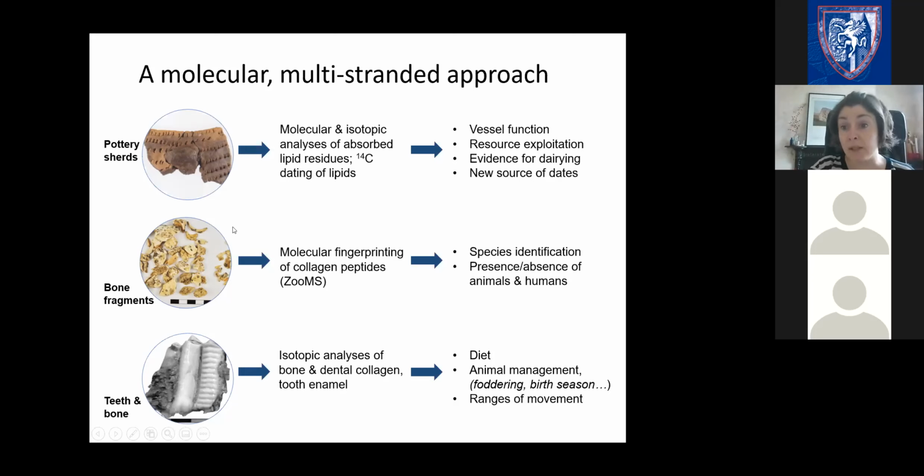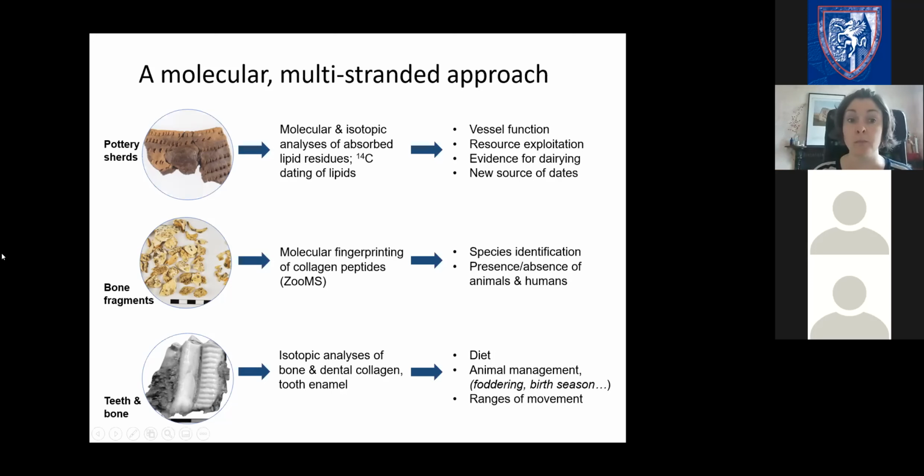So we're looking at basically three categories of material. We're looking at pottery sherds, so ubiquitous, fairly robust, they hang around for a long time, even though they might be broken up. Bone fragments, and these are specifically fragments that have been so degraded or broken up or semi-dissolved that a traditional zooarchaeologist couldn't identify what species it is, because you don't have the size, you don't have the intact bone.